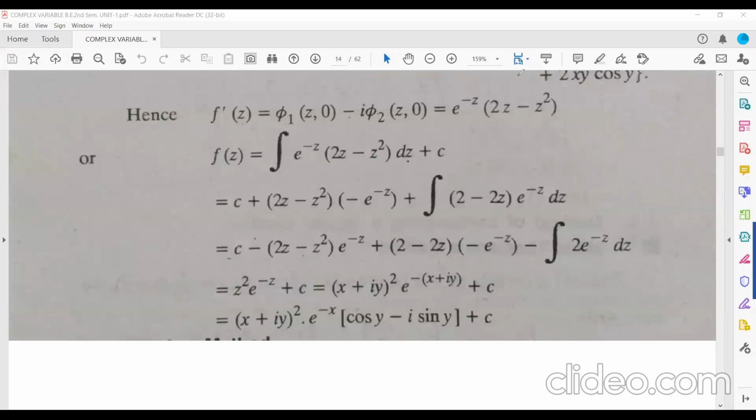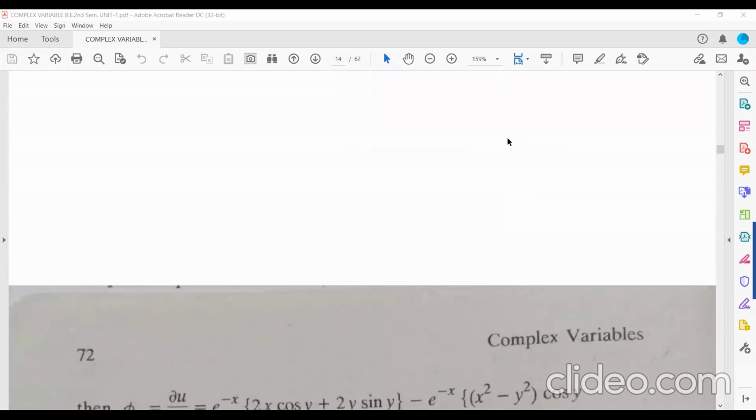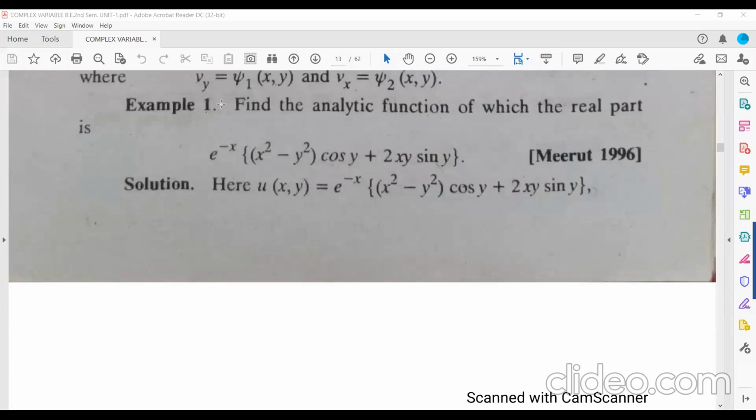Since you need to find the analytic function and its real part is given, the real part is denoted by u of x, y, and the imaginary part is denoted by v of x, y. Since the real part is given, I'm denoting it by u of x comma y. So this is the real part. Now your question is to find the analytic function f of z.